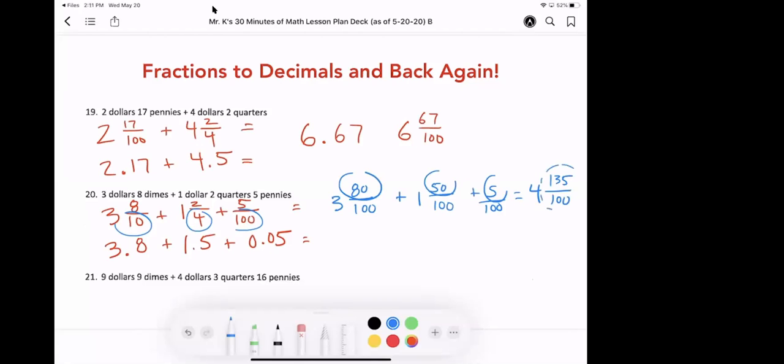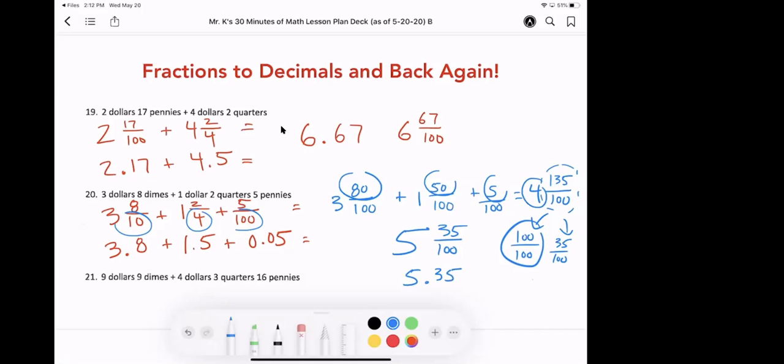Now that I know I can use some number bonds and get 100 hundredths and 35 hundredths. And that's a whole another 1. So I'd have 4 and 1 more, which would be $5 and 35 hundredths, which is the same as $5.35. All right, fantastic.